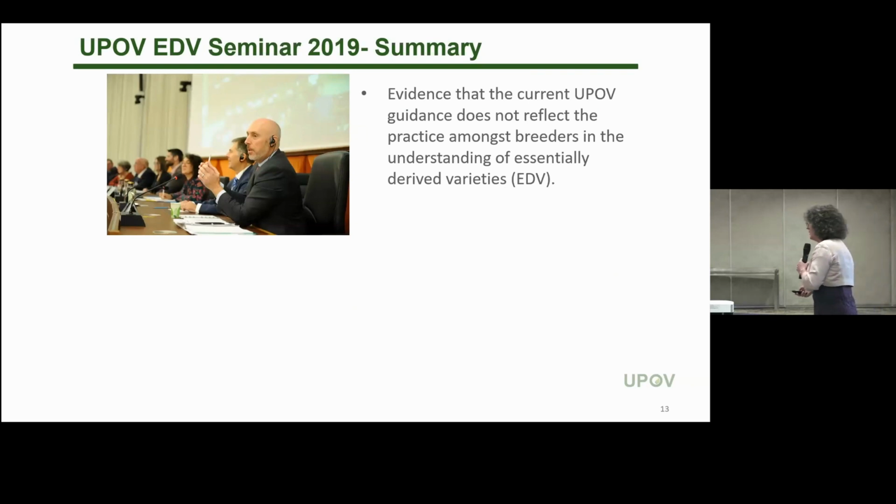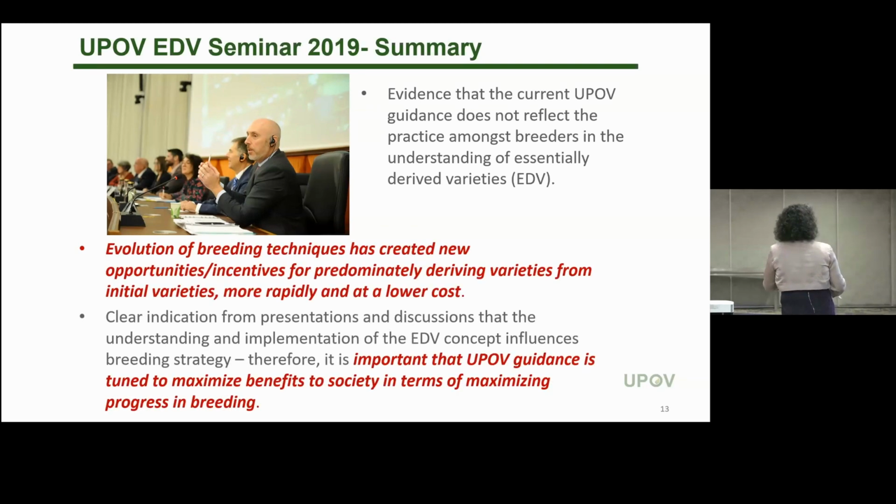With the new breeding techniques, it is easier and faster to develop new varieties from one single variety. And this is why, in order to maximize progress in breeding and to continue to provide incentives for all types of breeders and all types of breeding programs, it was important to ensure that this matter could be addressed in the guidance.